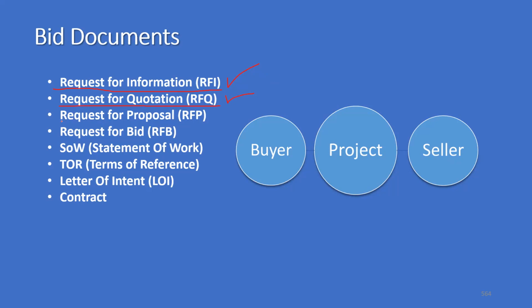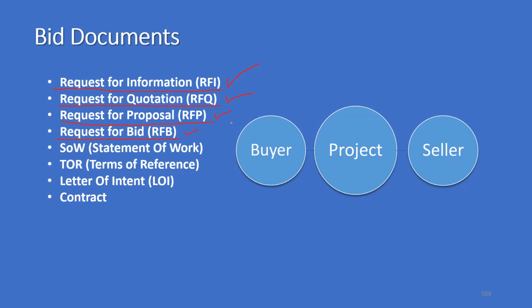Then we have requests for proposals. This is for one buyer, one seller. Then we raise a request for proposal. Then we have requests for bid. That is for mega projects where a consortium of companies is quoting.